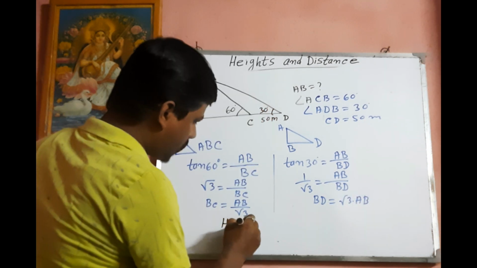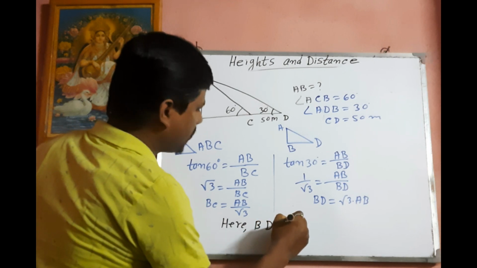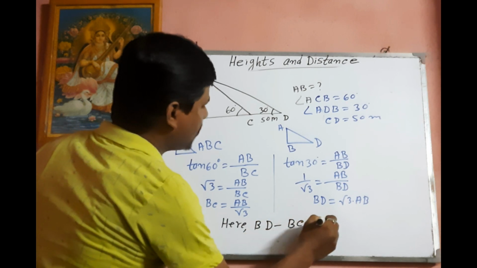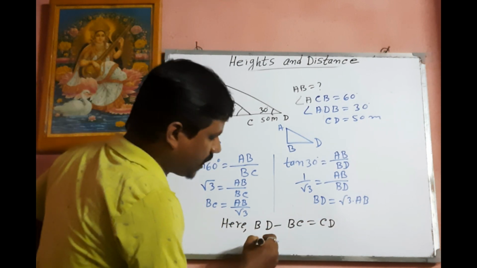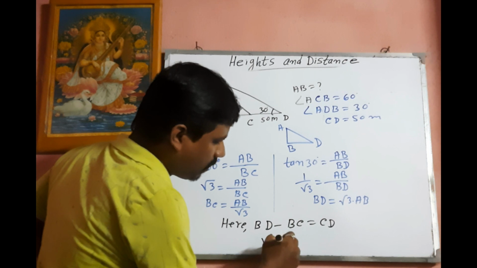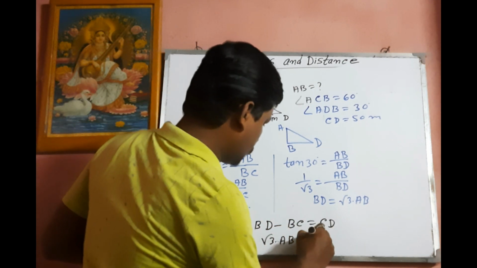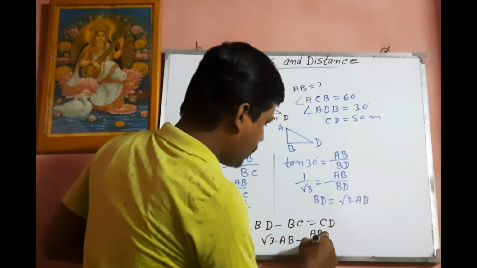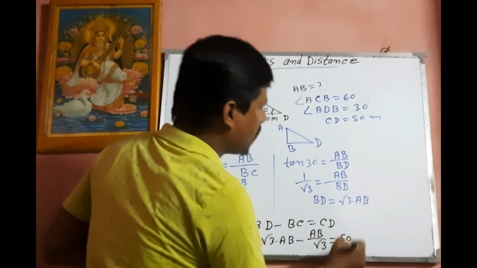Here BD minus BC is equal to CD, and we know that BD is equal to root 3 into AB, and BC is equal to AB by root 3, and CD is equal to 50.